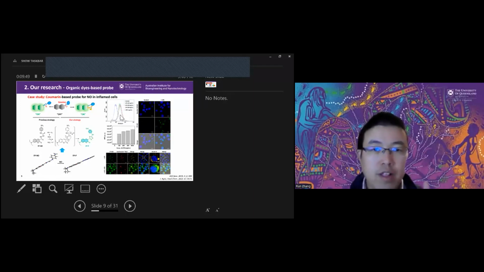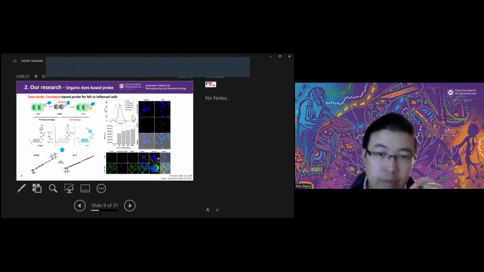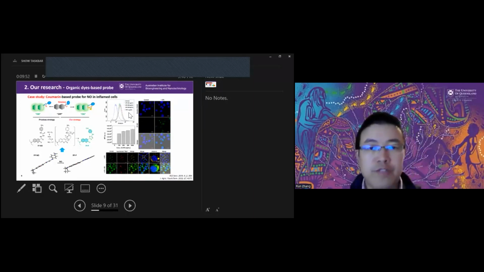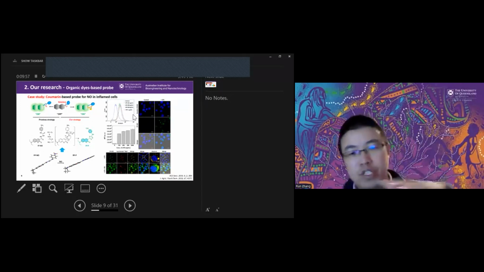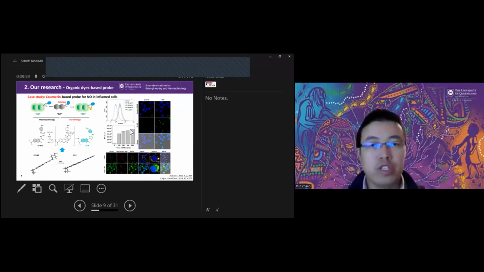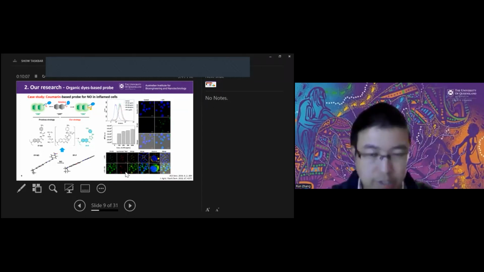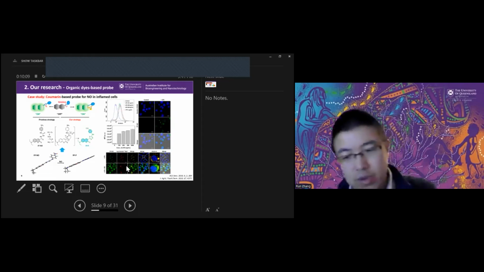We can see here, with LPS stimulation of the inflamed cells, the nitric oxide level is increased in the inflamed cells, and we confirm the probes can be active in the cells, in endosomes, in mitochondria, or other organelles.